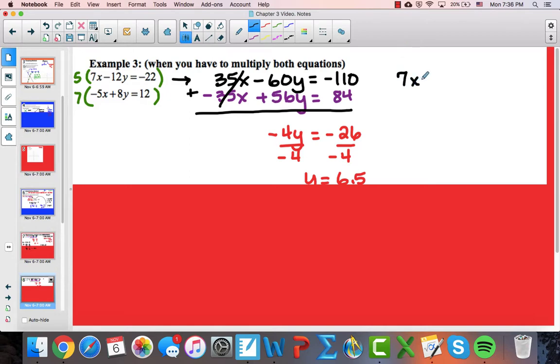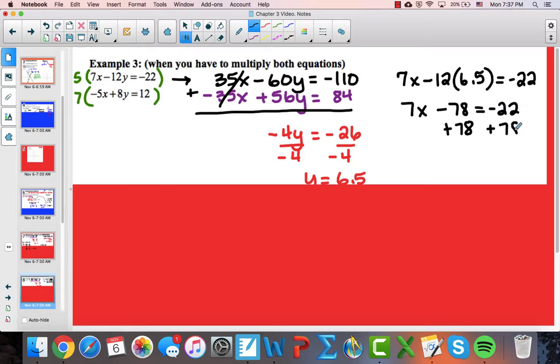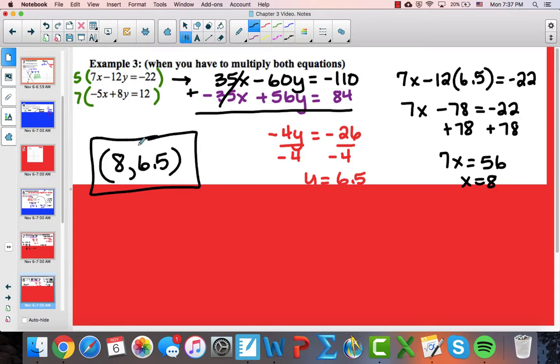So 7x minus 12 times 6.5 equals -22. 12 times 6.5 gave me 78, so 7x minus 78 equals -22. I add 78 to both sides, and I get 7x equals 56, so x equals 8. So again, there's my point of intersection, 8, 6.5, and there's the solution to the system.